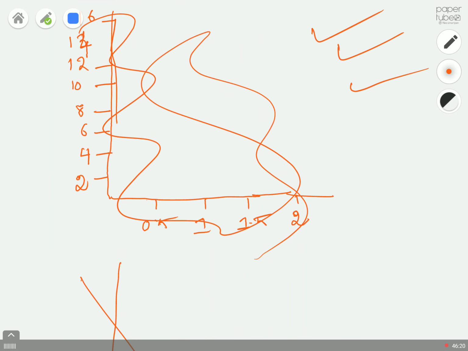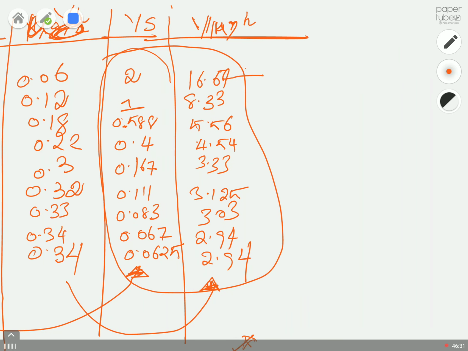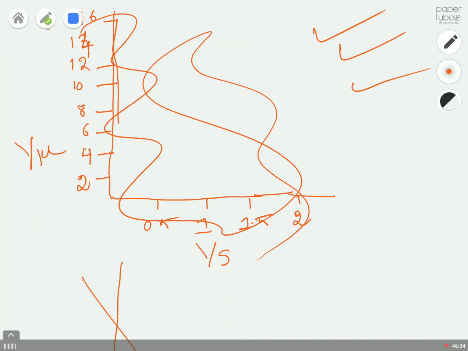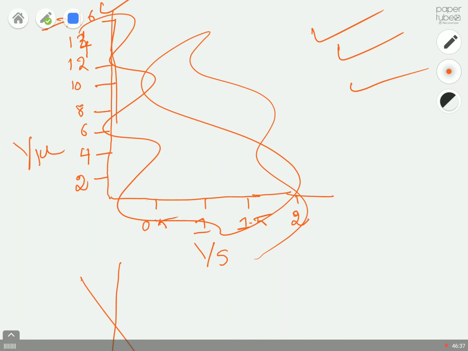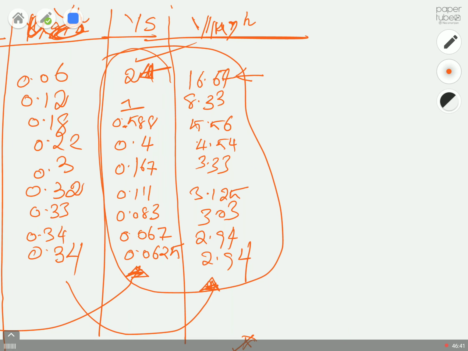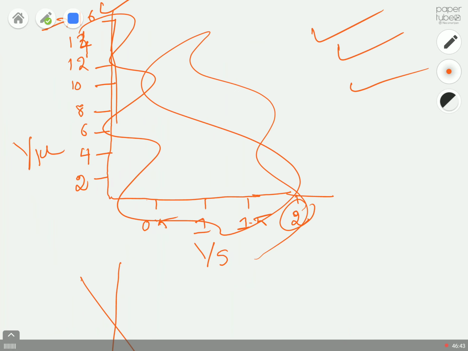We are plotting 1 by substrate concentration and 1 by specific growth rate. In the table I see the maximum is 16 point something, so the y value should have 16, that's correct. And our substrate concentration maximum is 2, so this has a value of 2, that's correct. So you can plot them now.